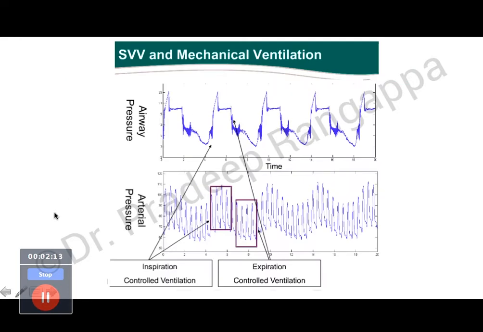So as you see, in stroke volume variation during inspiration in mechanically ventilated patients, the blood pressure goes up, and during expiration the blood pressure comes down. Quantifying this variability of the changes in blood pressure during inspiration and expiration constitutes stroke volume variation.